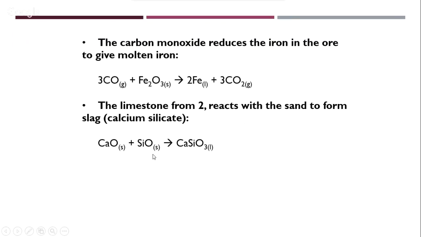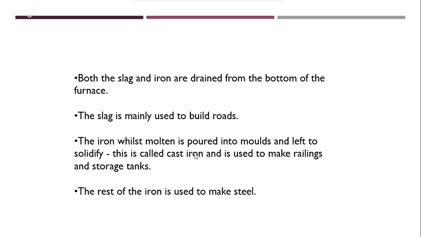So SiO2 with CaO ends up giving CaSiO3. That is calcium silicate, and calcium silicate is the slag that we saw in the figure.